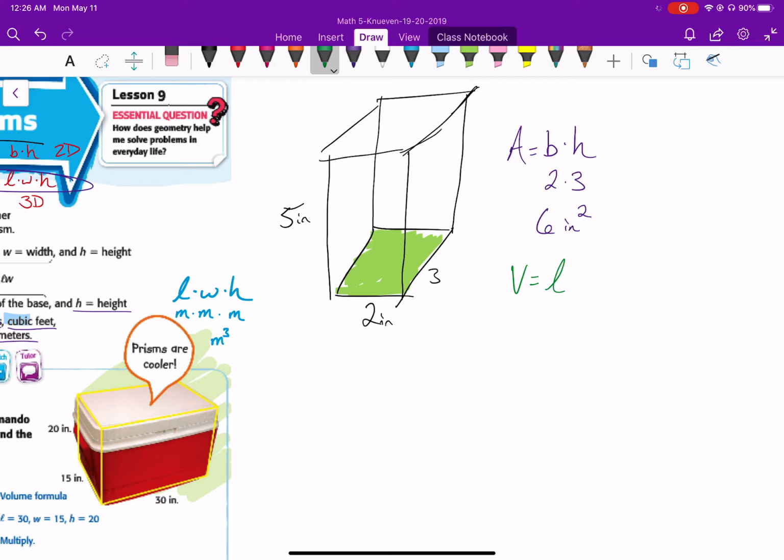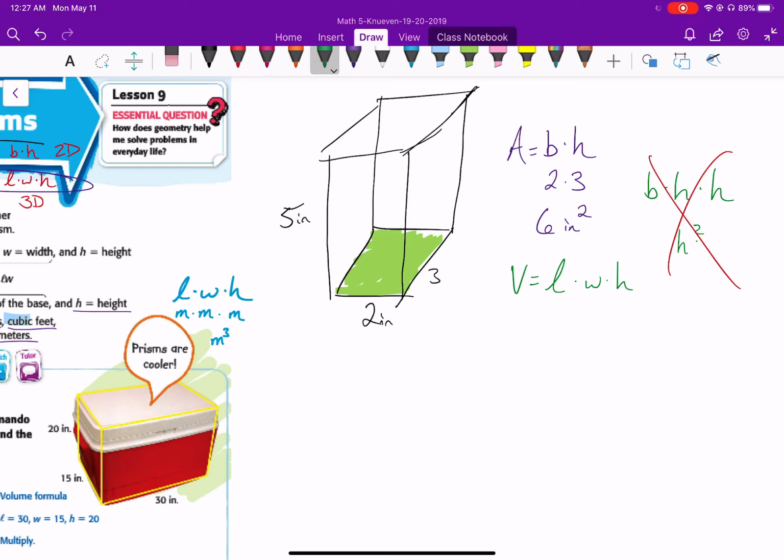So that's why we use length times width times height, because if I said this is going to be base times height, well, this gets really confusing. I'm going to have the height squared? No, we don't do that, right? That just gets confusing. So that's why we use length times width times height.